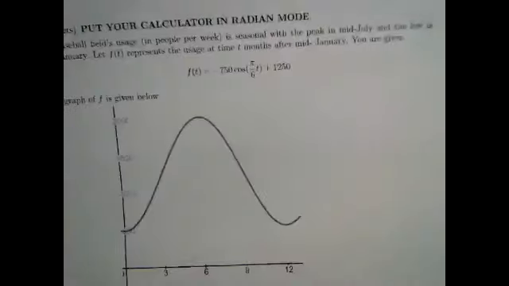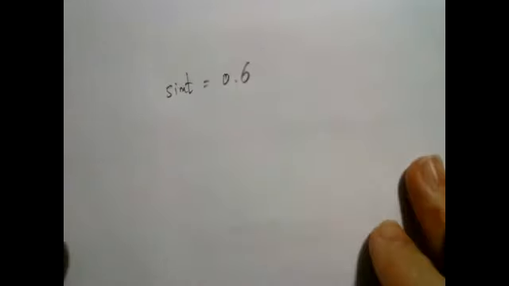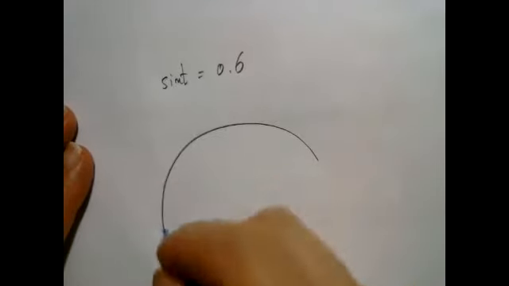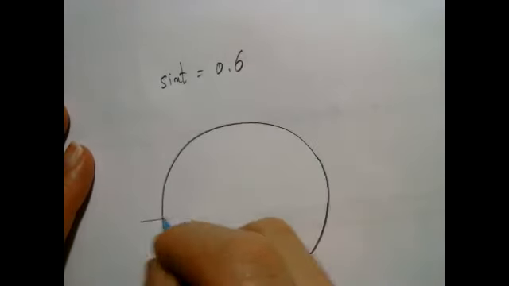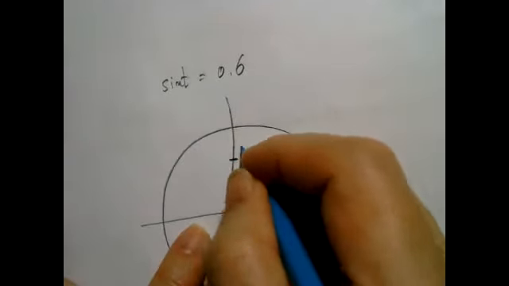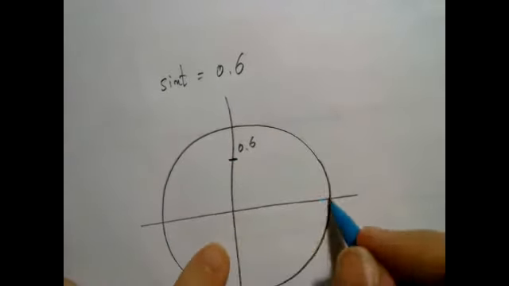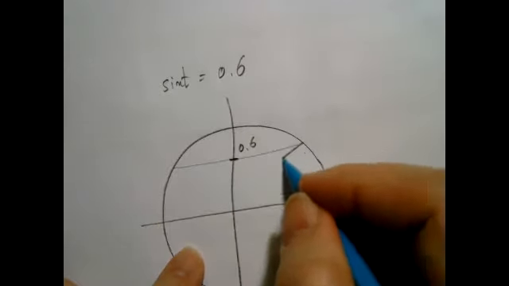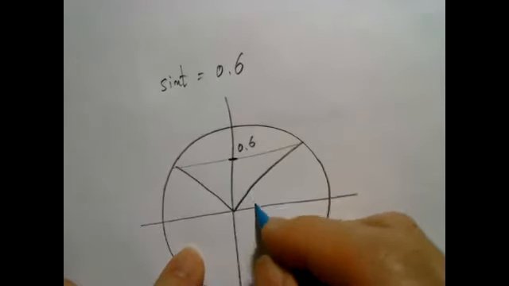But when we took those problems, let me go back to the problem we did. When I took those problems, sine t equals whatever, I don't know, 0.6. So this is my circle. I want to find the angle. So that's 0.6. Between 0 and 2 pi, I have two of them, this one and that one.